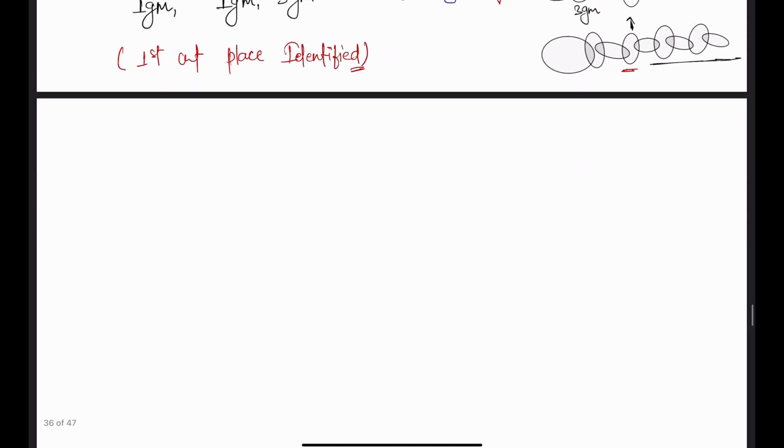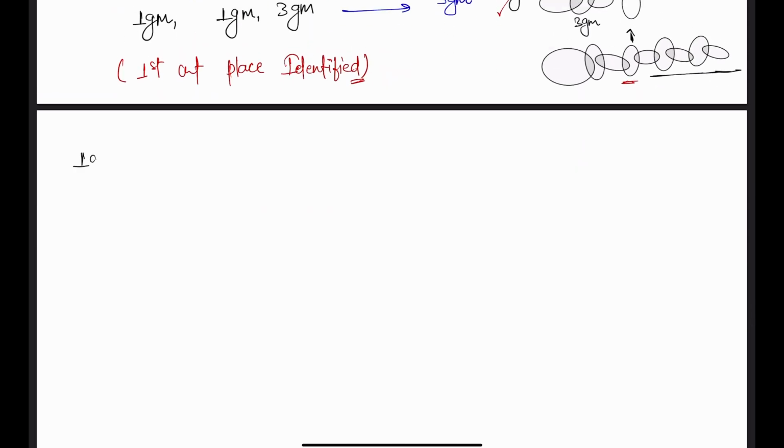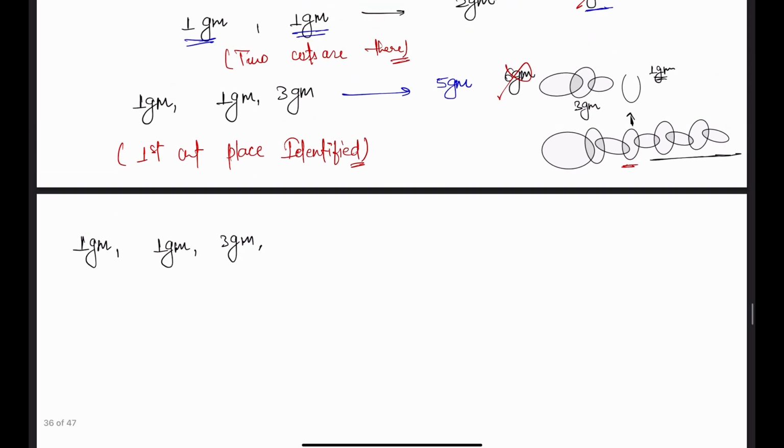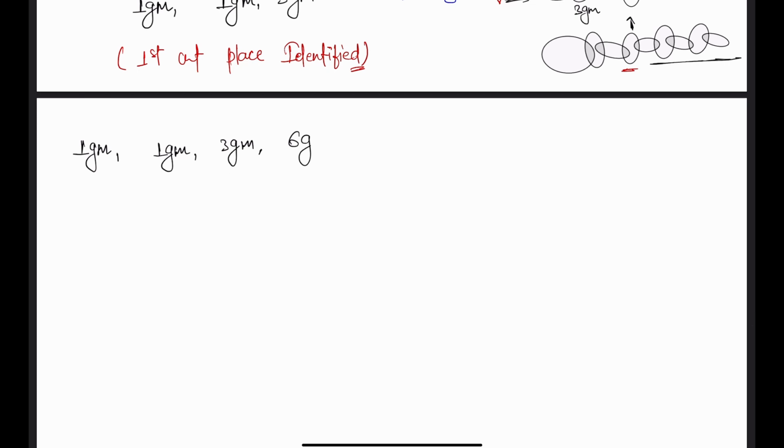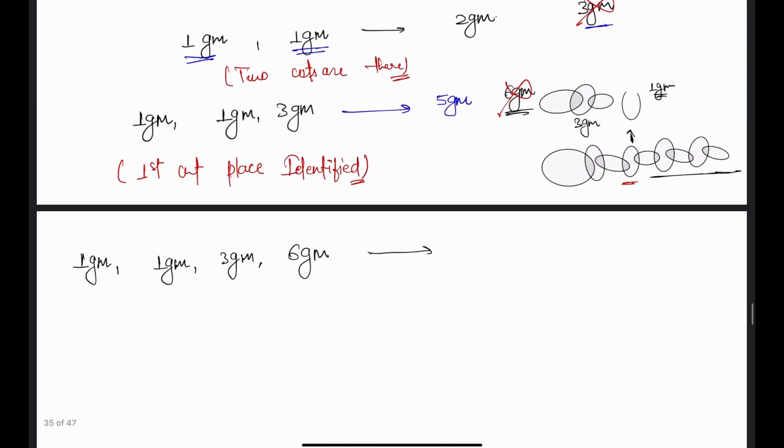Let's come to the next one. When 1 gram, 3 gram, and the next one will of course be 6 gram. So with this much chain, how many things can we measure?